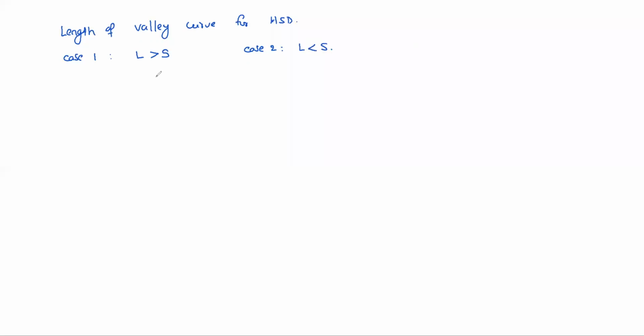Here, L equals the length of valley curve, and S equals the headlight side distance. So the length of valley curve for HSD needs to be designed based on either of these two cases.